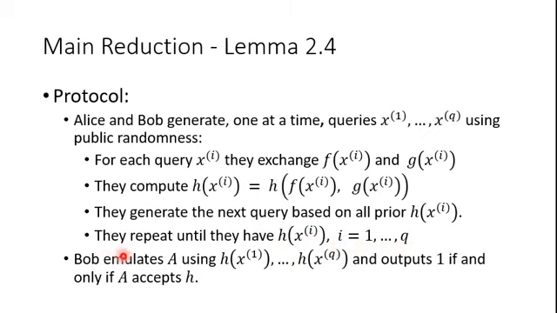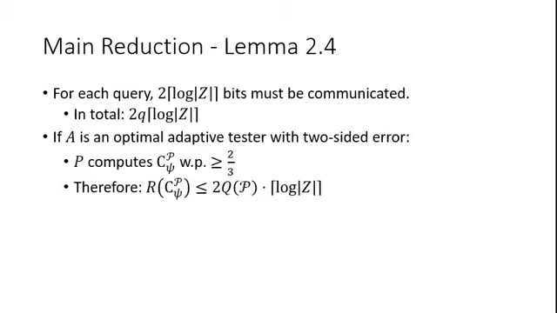Now once they've done this and they have all the queries, Bob can emulate A using h(x1) through h(xq), and he outputs 1 if and only if A accepts h. So for each query, 2 log z bits must be communicated, because they each communicated per query.